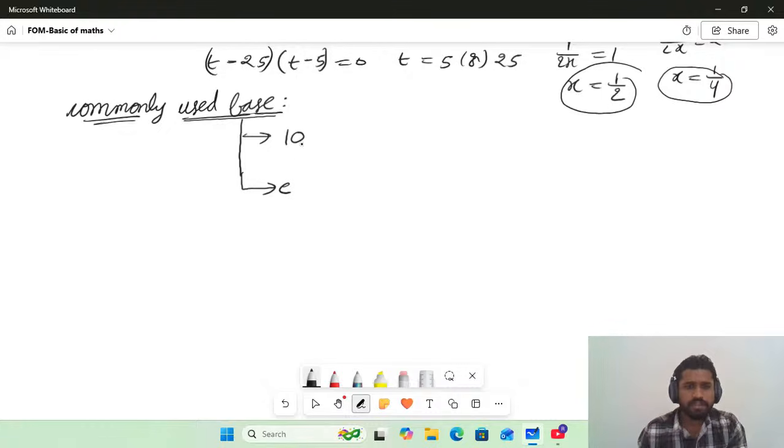What do we call logarithm with base 10? Logarithm with the base 10 is called common logarithm.